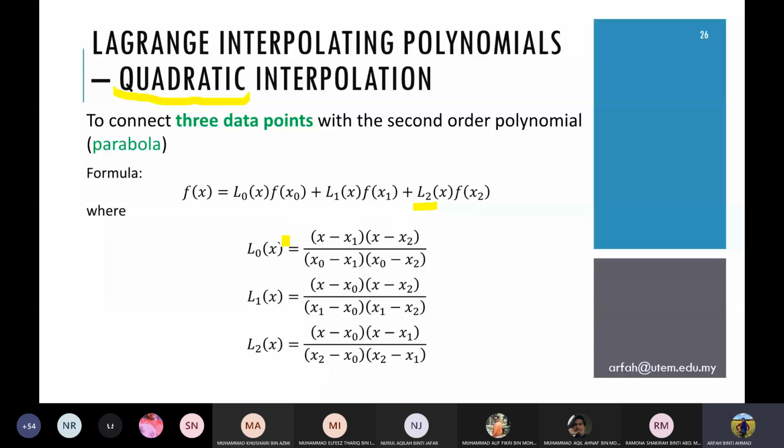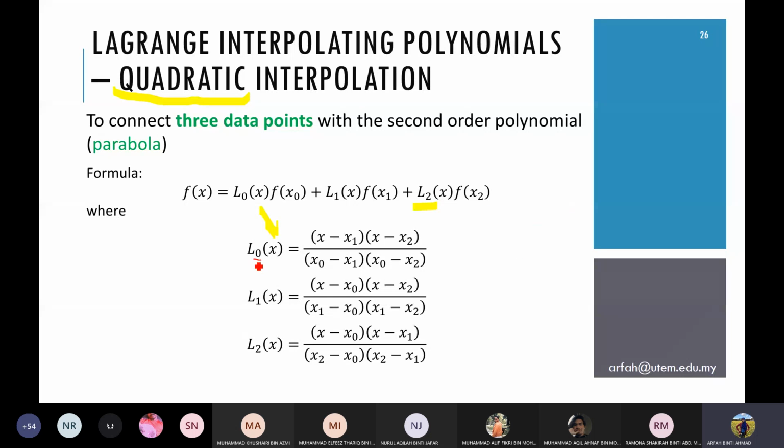So per kali L0(x) for this one, it will be equal to (x minus x1)(x minus x2) divided by (x0 minus x1)(x0 minus x2). So you can see the pattern bagi dia punya interpolation.